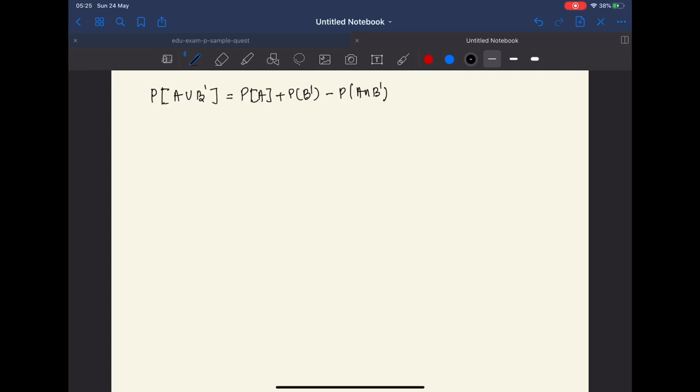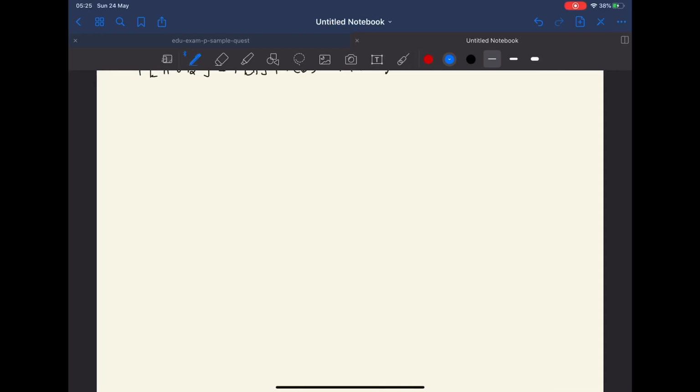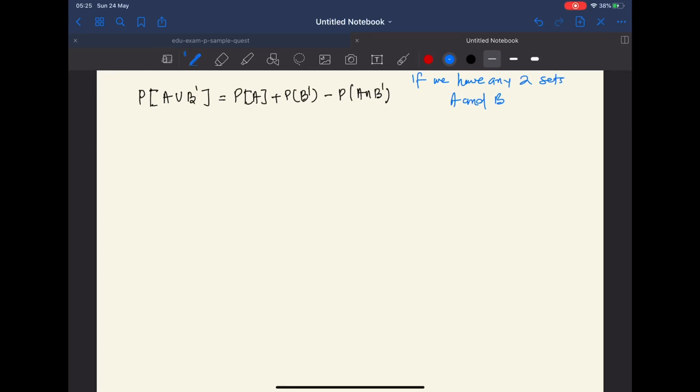And we are familiar with this from the fact that if we have any two sets A and B, probability of A union B is the probability of A plus probability of B minus probability of A intersection B. So we have two sets A and B complement, and this works in the same way.